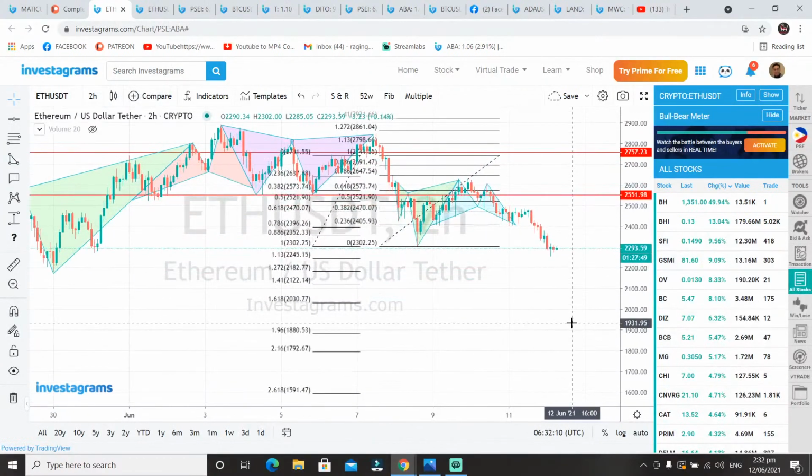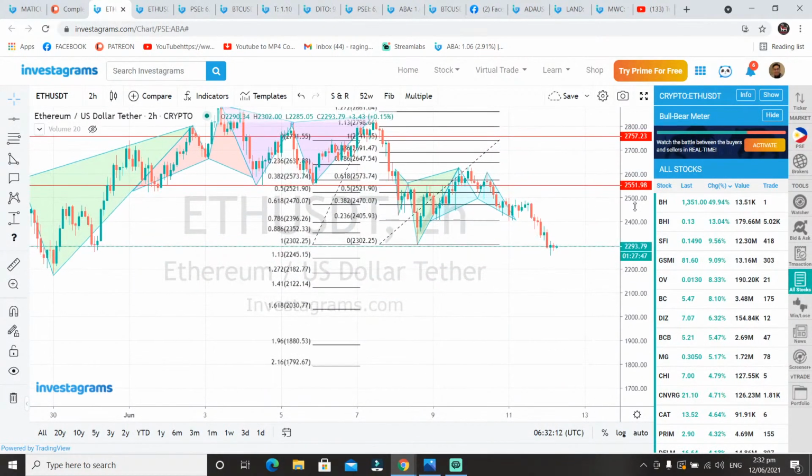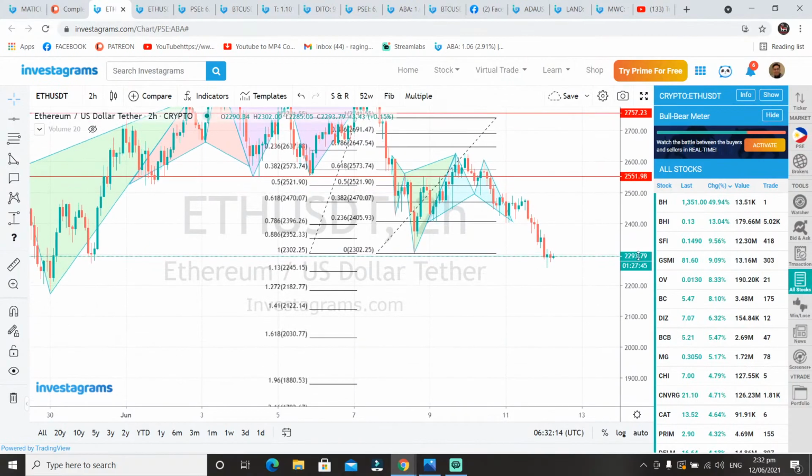So that's why I'm a bit reluctant to perform another long trade plan, because once it touches here, it could reverse or move as low as the 20,000 level. This one. So where is it?